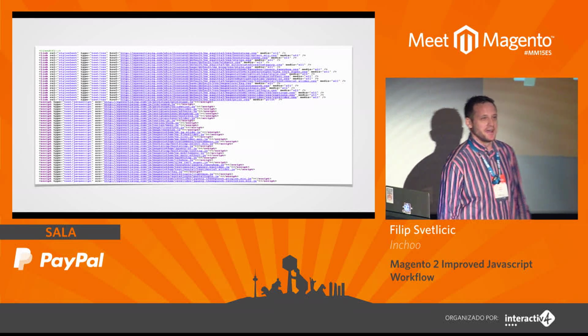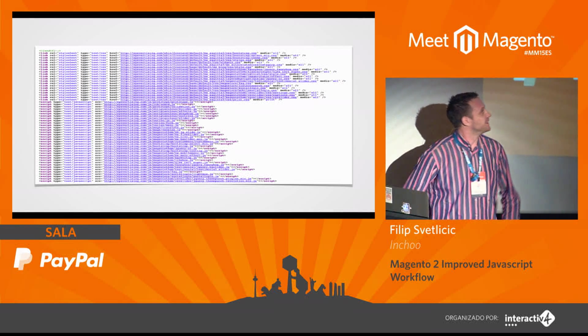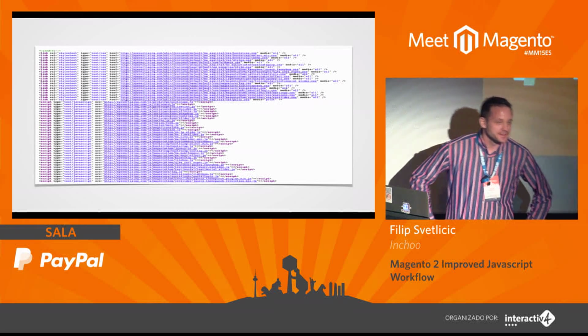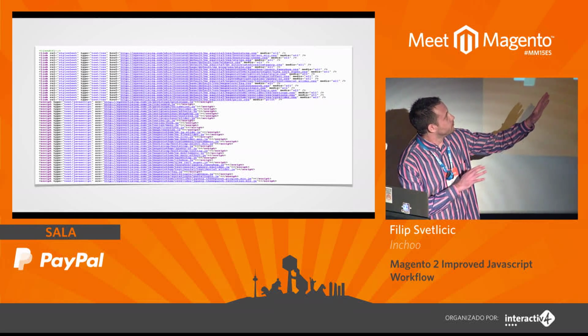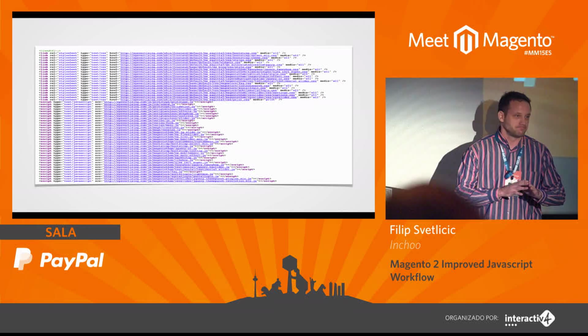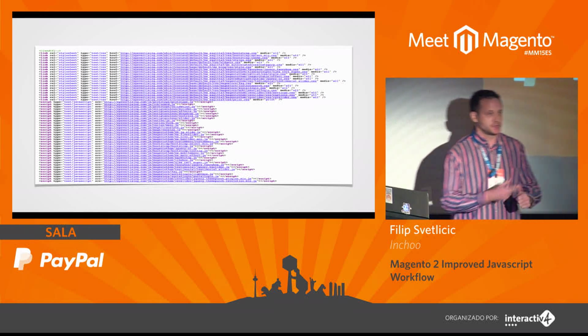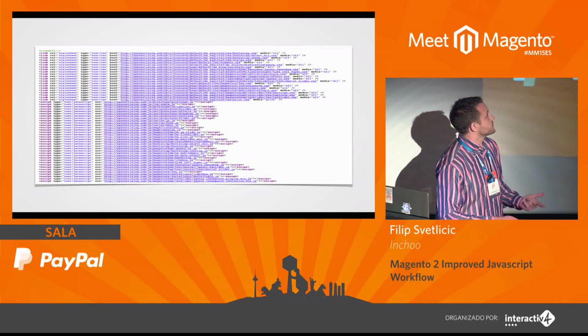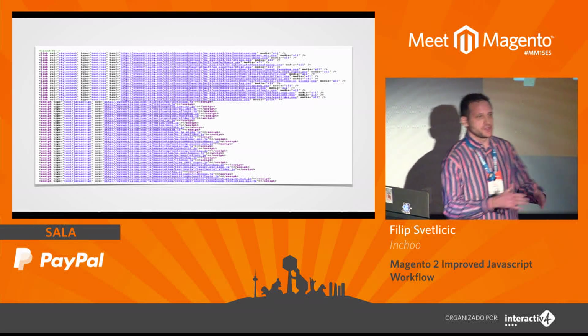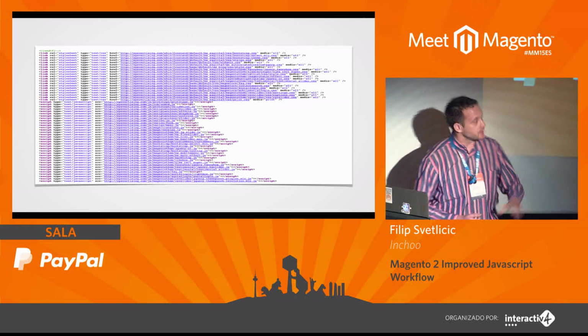What's that? This can mean a few things. The first is that developers don't know how to do their job, because Magento has its own merging system and so on. But that's not the only issue here.